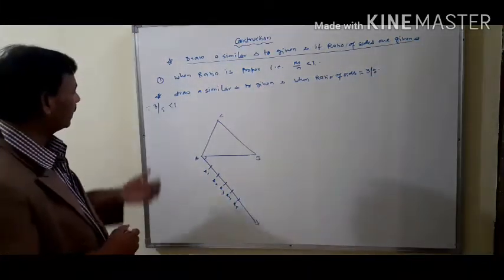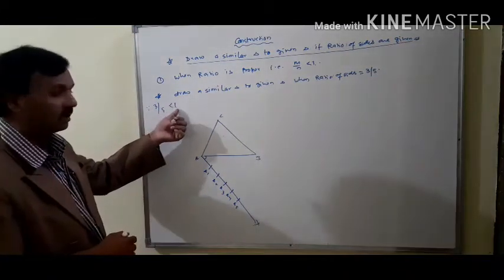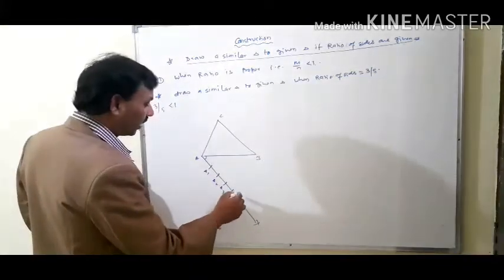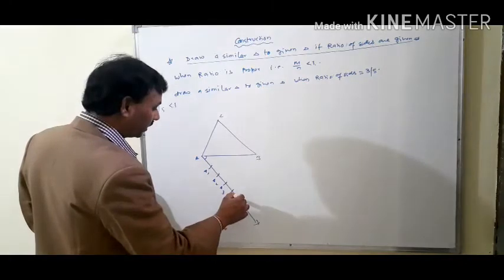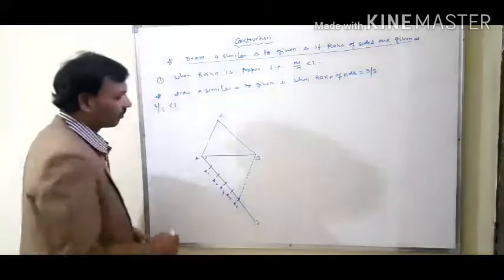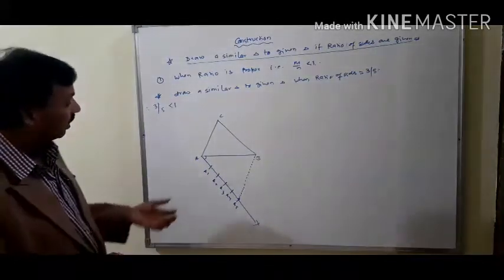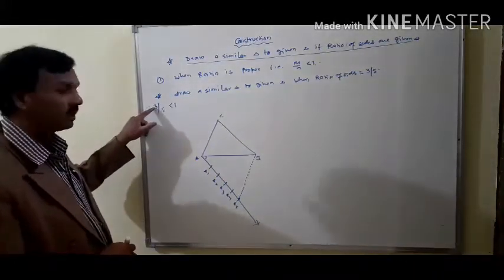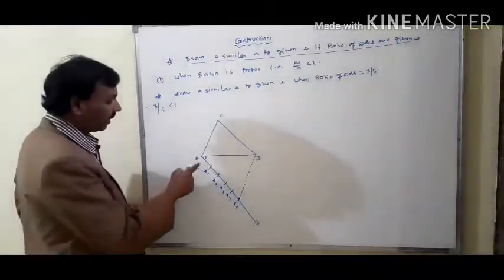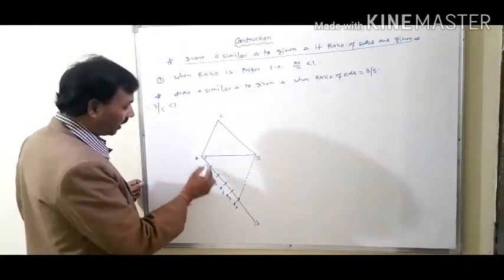In this situation, if the ratio is less than 1, then always you join this last arc to the B point with the help of a scale. Now, since the smaller number is 3, equal to the numerator, we should identify that arc on the AX line.